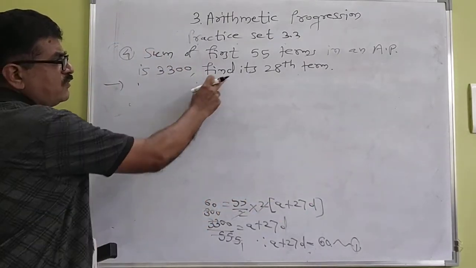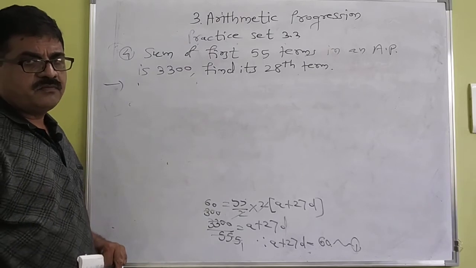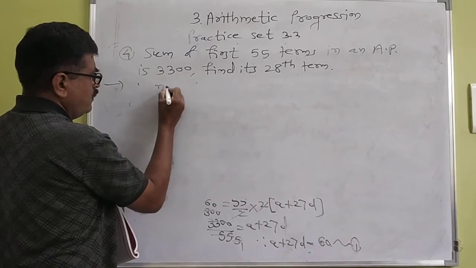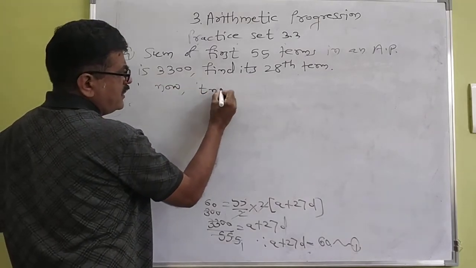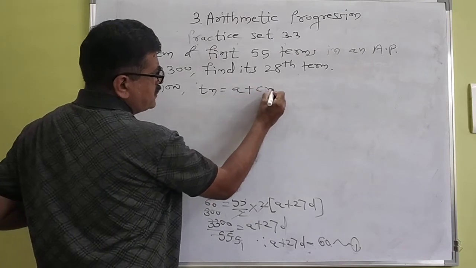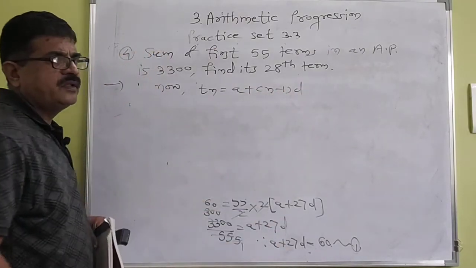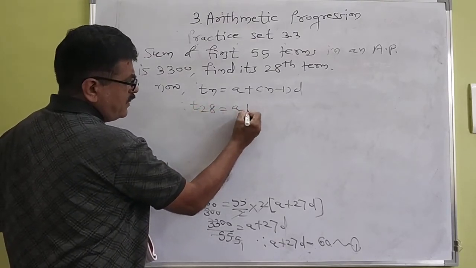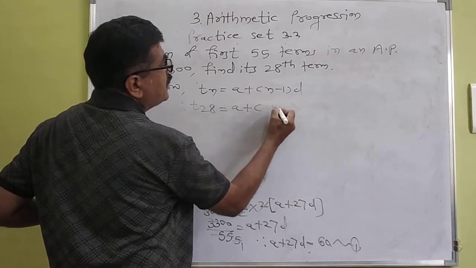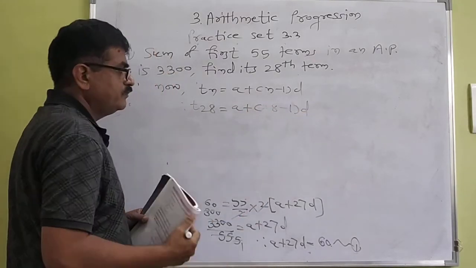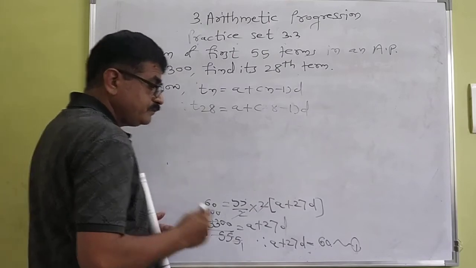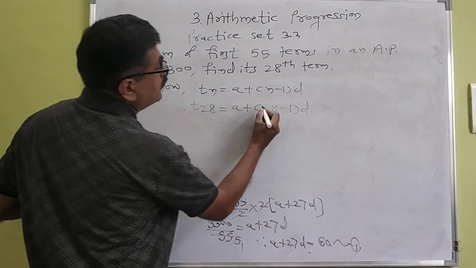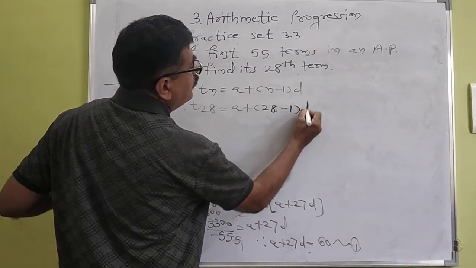Now here we have to find its 28th term, that is the value of T28. Now write down the formula for the nth term: Tn is equal to a plus n minus 1 into d. We have to find T28, which is equal to a plus 28 minus 1 into d.